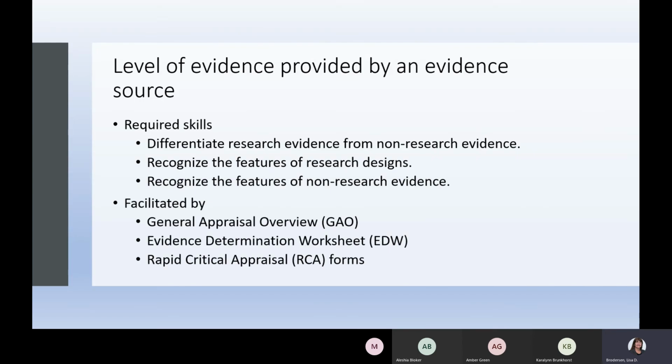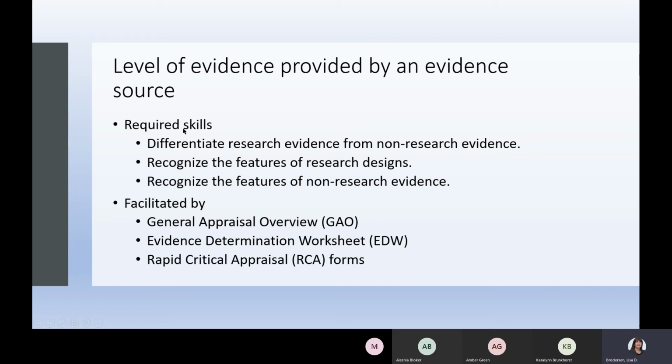Okay. So regarding the level of evidence that is provided by an evidence source, it's going to require some skill on your part, some skill that you hopefully came with to the course and are able to hone or develop as you move through this course.